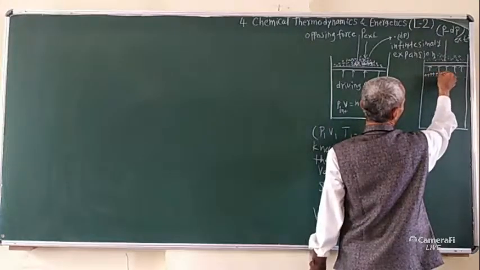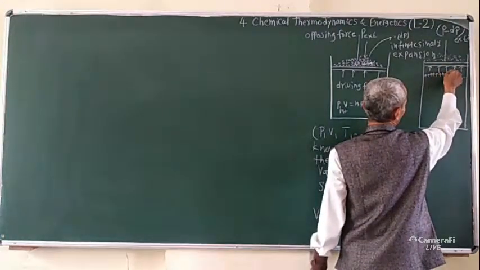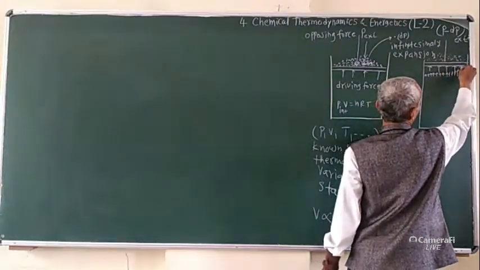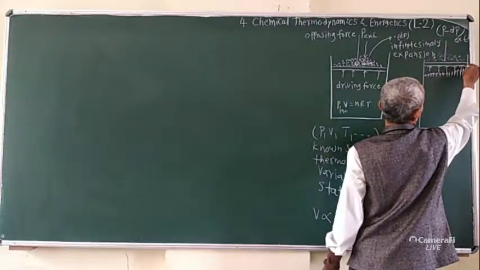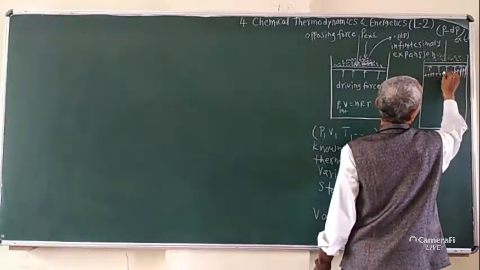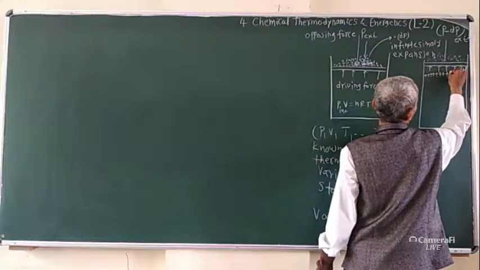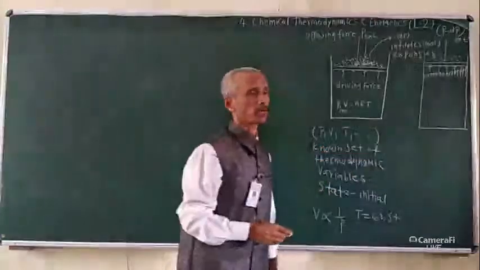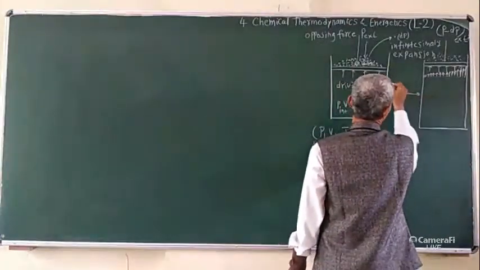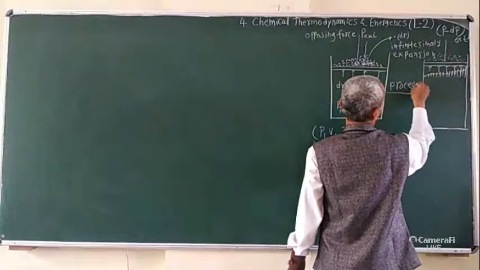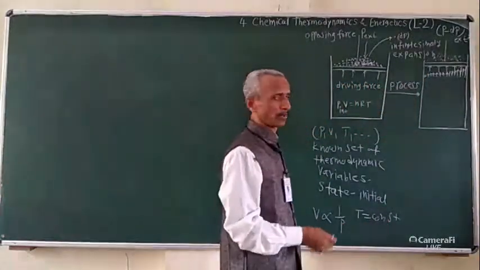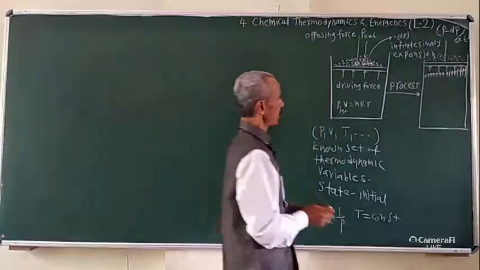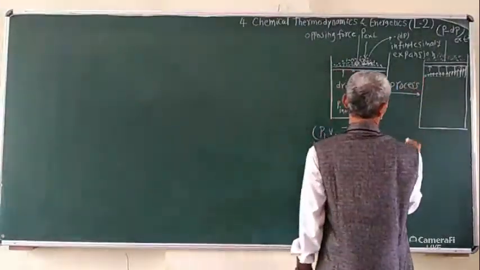In this way, in a number of steps one can decrease the pressure, and finally the change occurs from this state to this state. So there are a number of steps, with very small changes taking place in each step. If the change is infinitesimally small, it is also known as a quasi-static step.